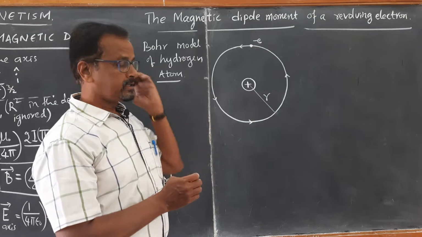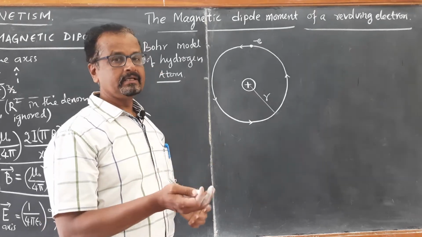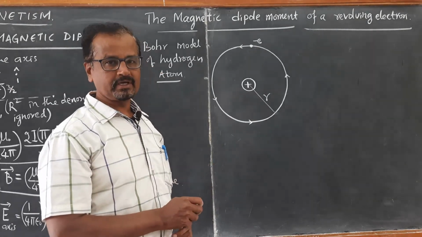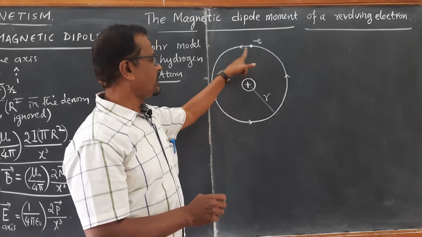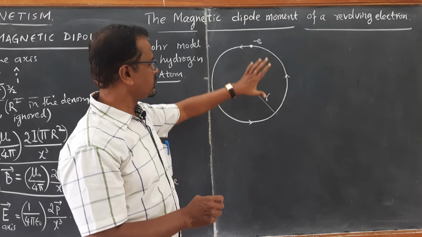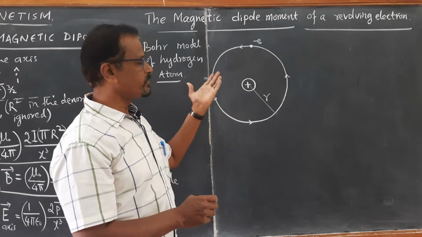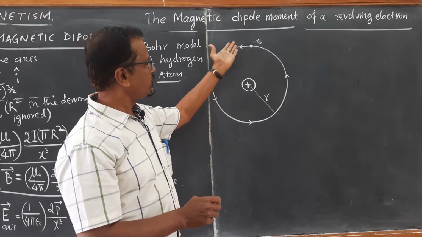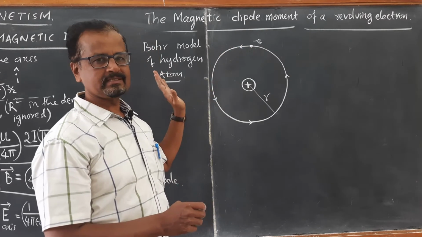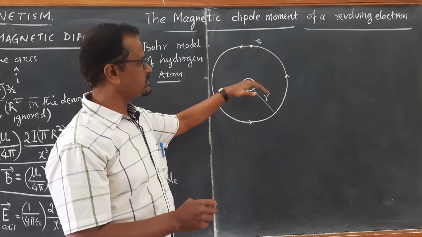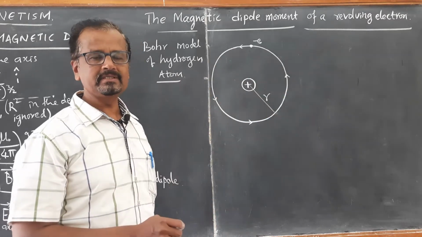Here the conventional current is the equivalent positive charge. We are considering the electron revolving in the anti-clockwise direction, so the current will be considered as the same amount of positive charge, plus e, moving in the clockwise sense.